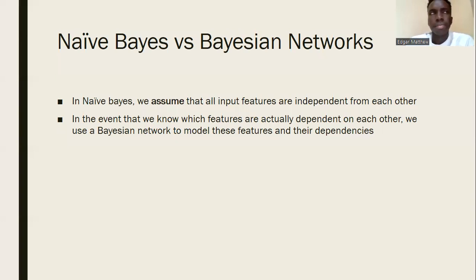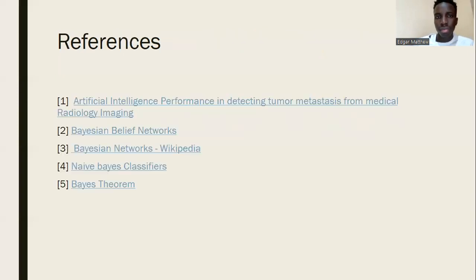Remember, we said the diseases and the symptoms. The fact that the disease is there, it's evident that the symptoms had to appear, or the signs had to appear first. In that case, we can say that the disease depends on the signs and the symptoms, and that shouldn't be the case in naive Bayes, because in naive Bayes, all the input features are independent from one another.